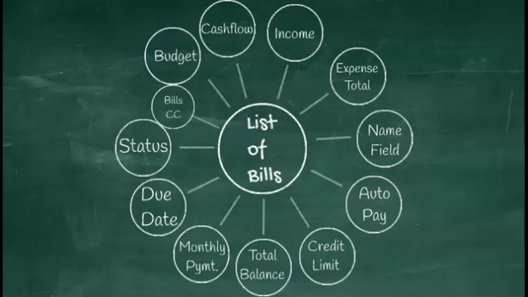So the bills credit card and budget credit card each have their own cell and are separated. Budget will have its own little area, and the bills will have their own little area, but it still has its own row with the regular list of bills, which you'll be able to see once we get into creating the spreadsheet.